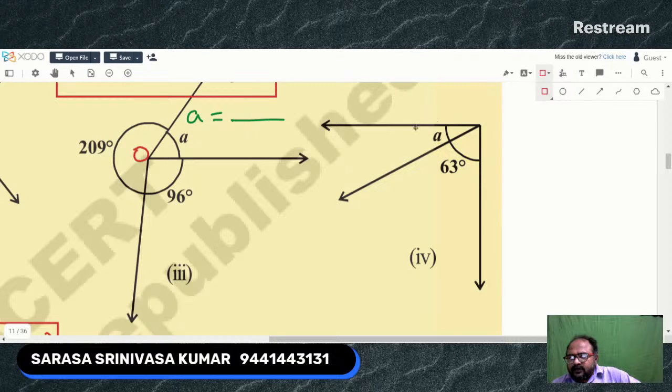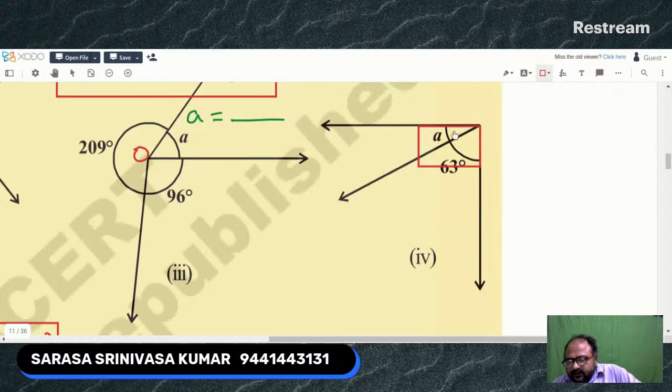If you observe this diagram, I am simply forming a rectangle on this line. So, if you want to verify the angles, you can verify them in your textbook.